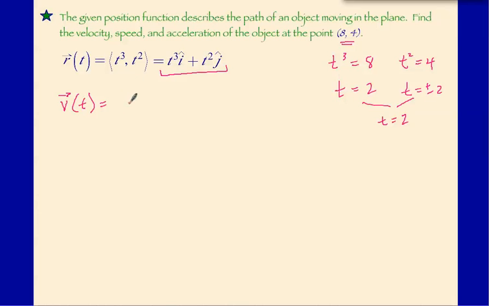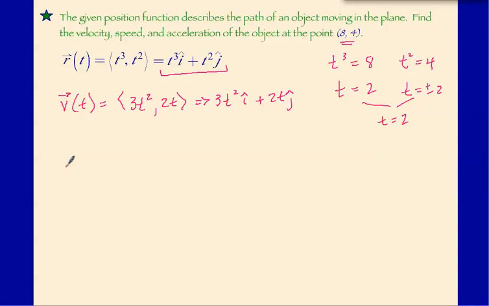So the velocity function here is going to be 3t squared, 2t, or this could be written this way, 3t squared i unit vector, plus 2t j unit vector. Exactly means exactly the same thing.